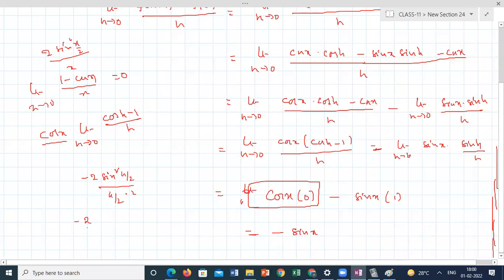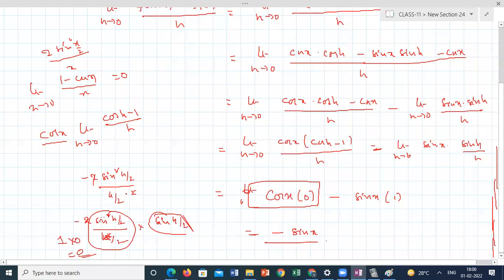This 2 will cancel, so sin square h by 2 divided by h square by 2. This part, sin h by 2 by h by 2, is 1 when I apply the limit, and the remaining sin h by 2 is 0. So the entire limit is 0. That is the standard formula in limits. Using this, I can make this whole thing 0. So cos x into 0 minus sin x into 1, the final answer is minus sin x.